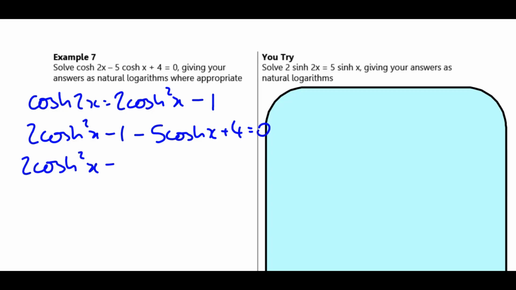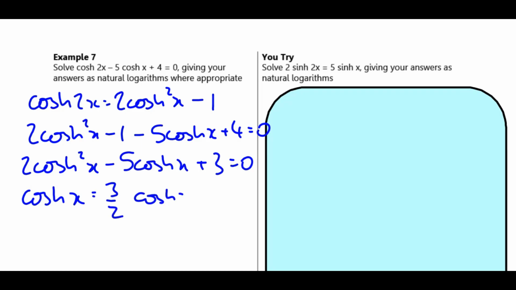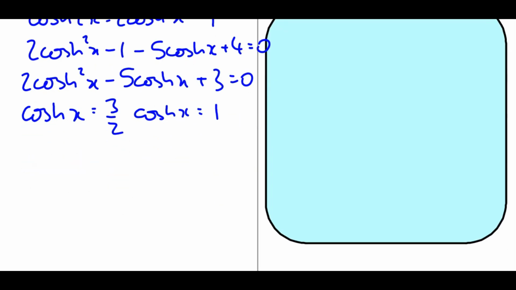This is a disguised quadratic of cosh, which if we solve, we get two solutions. We get cosh x is 3/2, which is fine. And we get cosh x equals 1, which is also fine.